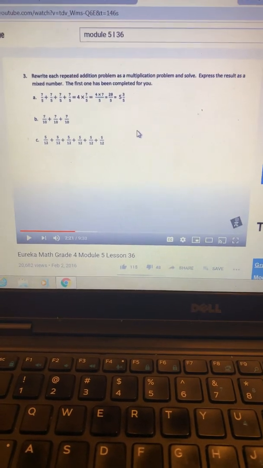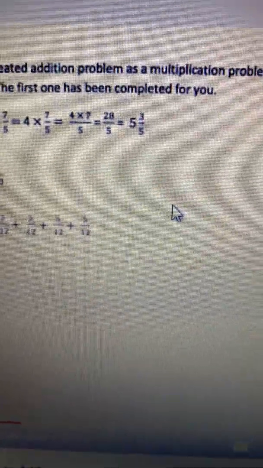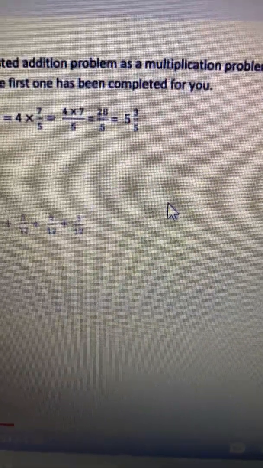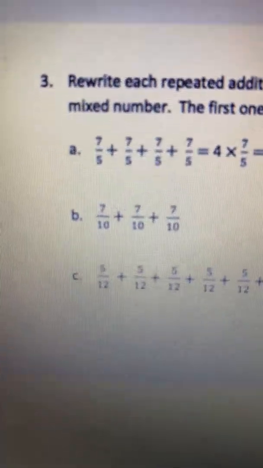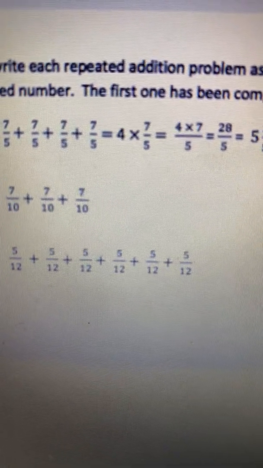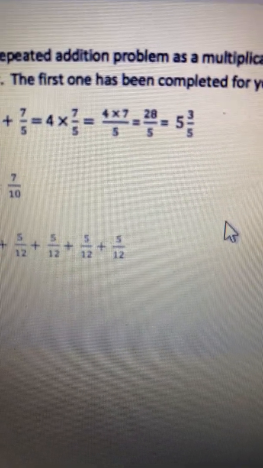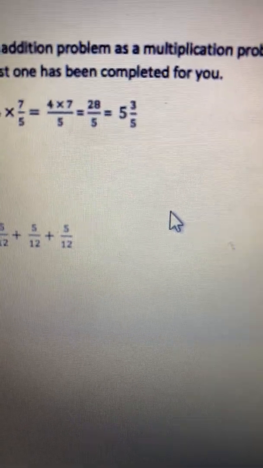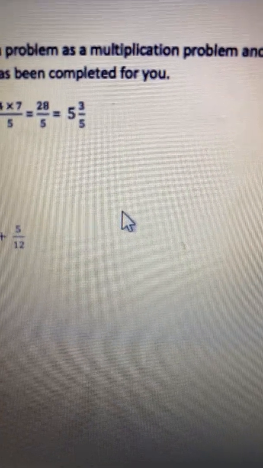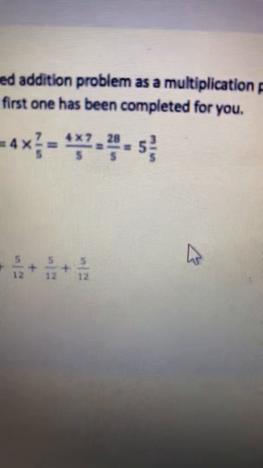So once you get the improper fraction, you have another step of changing it into a mixed number. So you go from repeated addition to multiplication, n times a over b, to improper fraction, to mixed number. All of these are equal to each other. You are just doing the solving.